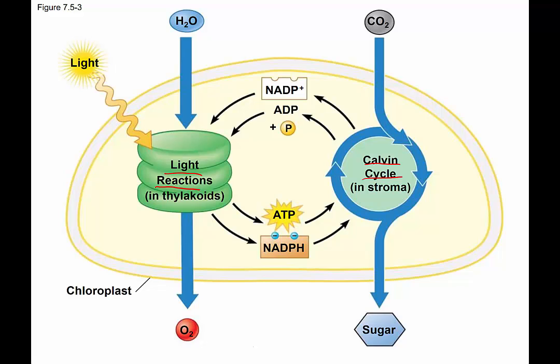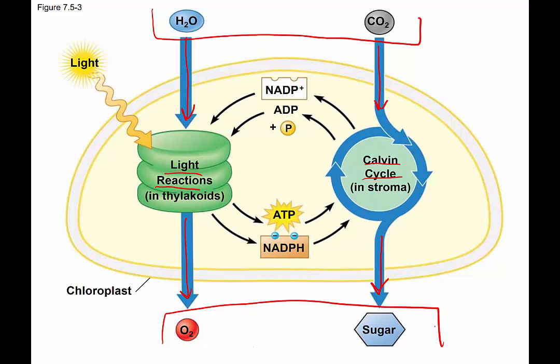So as you can see, for the light reactions, the major input is water, and the major output is oxygen. For the Calvin cycle, or the dark reactions, the input is carbon dioxide, and the output is sugar. So as you know, water and carbon dioxide are the major reactants of photosynthesis. Oxygen and sugar are the major outputs.